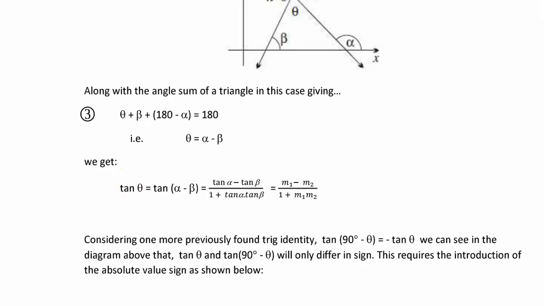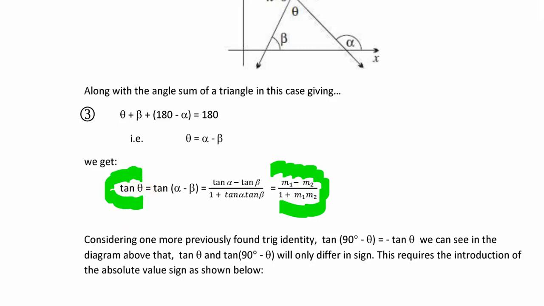It is in the format that tan theta is equal to one gradient, m stands for a gradient, minus the gradient of the other line, over 1 plus the product of the gradients of the two lines. Remember, we're getting a formula for finding the angle, so we would be finding theta.